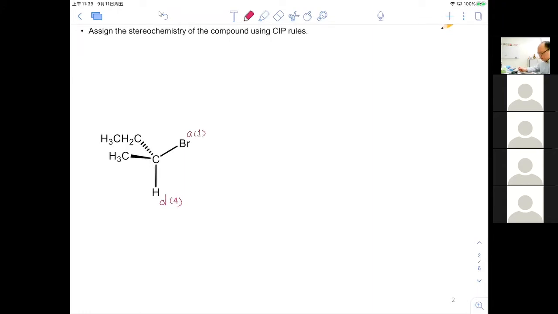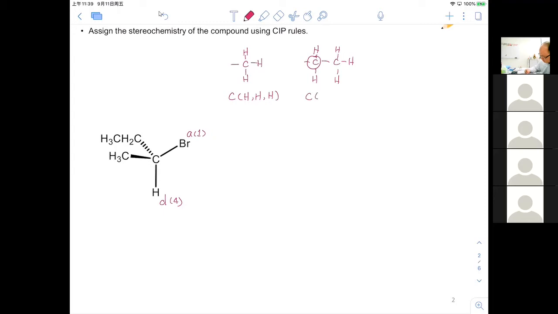Then acyl and methyl are a little bit tricky, right? Because for methyl you have C with H, H, H. For the acyl, CH2, CH3, so for this carbon, what do we have?